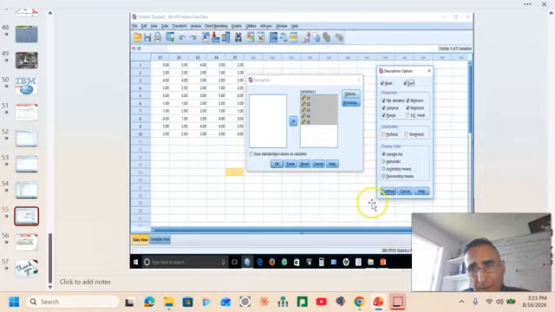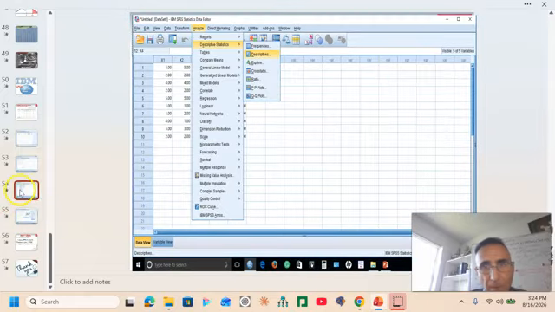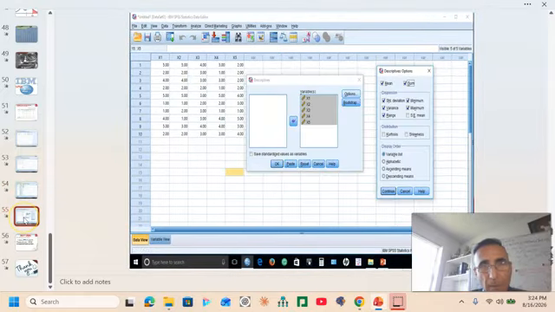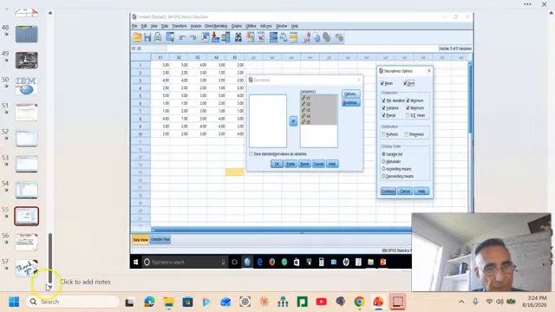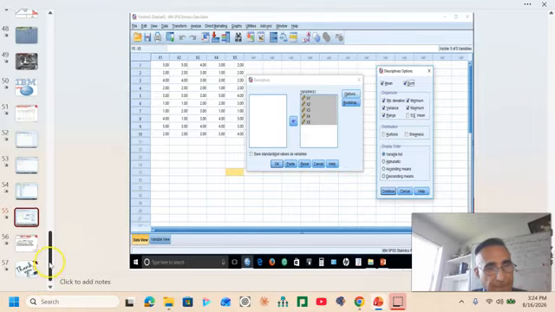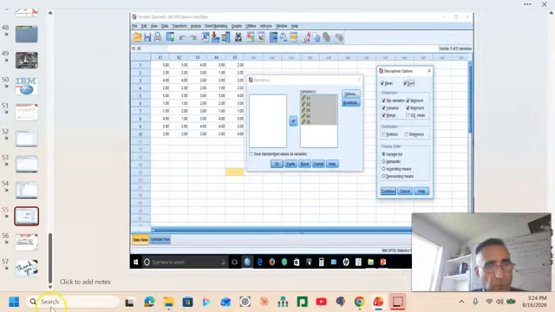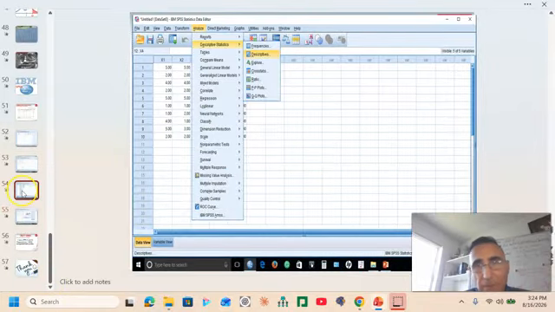Click on those and click Continue, click OK. And you should come out with the answer. Anyway, you can also do graphs and charts. It gives you right there choices if you wanted to do the graphs.